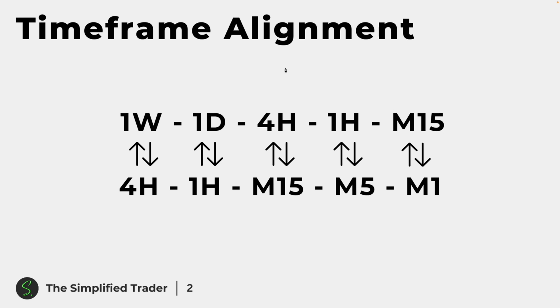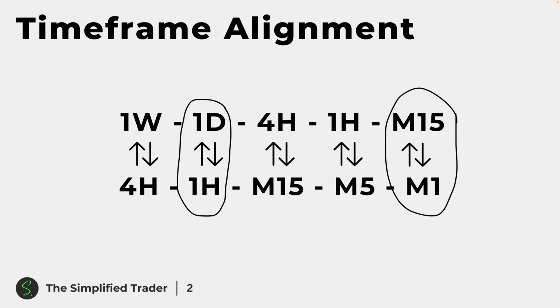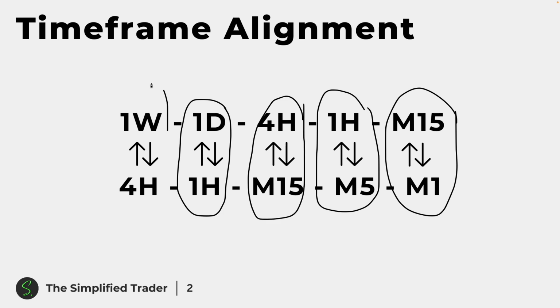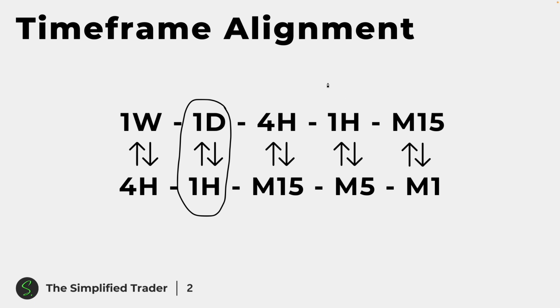In this specific strategy, we are going to be using the daily and the 1-hour time frame pairing. You can try this on other time frame pairings, but just please make sure that you use the correct pairing. Here we have the correct pairings. Make sure that you use the correct ones. But again, for this specific strategy, we are only going to be using the daily and the 1-hour time frame.